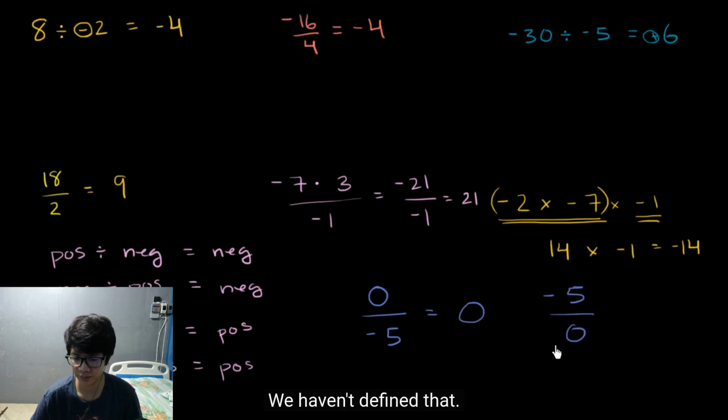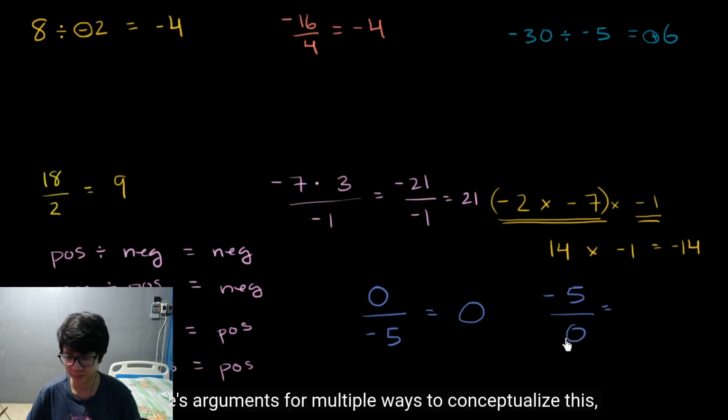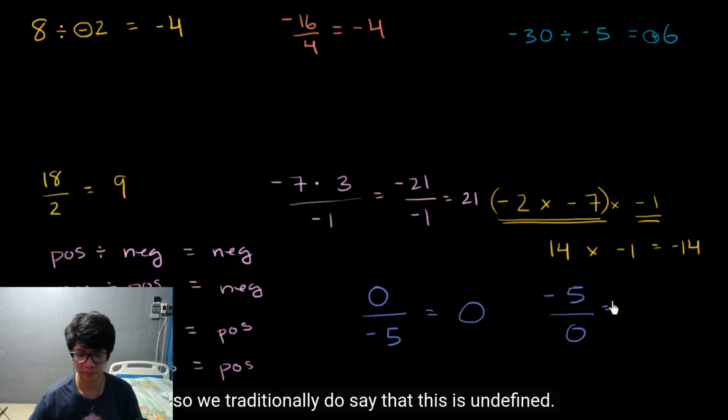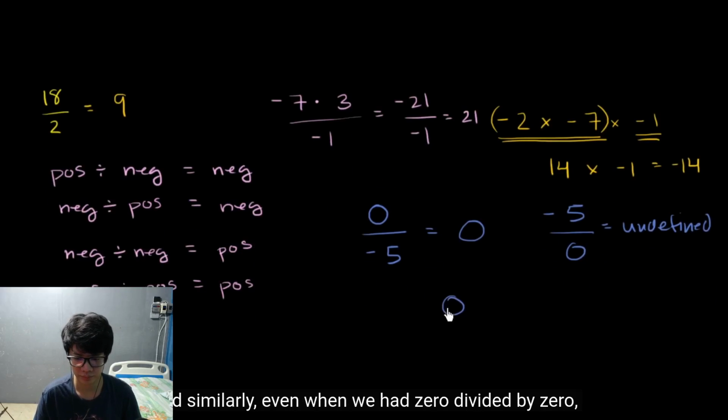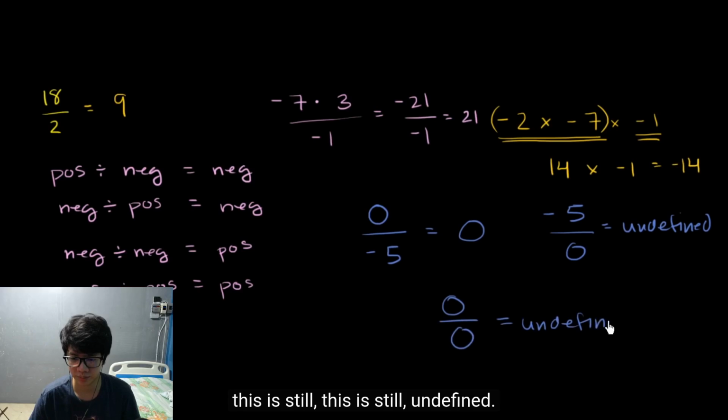We haven't defined that. There are arguments for multiple ways to conceptualize this, so we traditionally just say that this is undefined. We haven't defined what happens when something is divided by 0. And similarly, even if we had 0 divided by 0, this is still undefined.